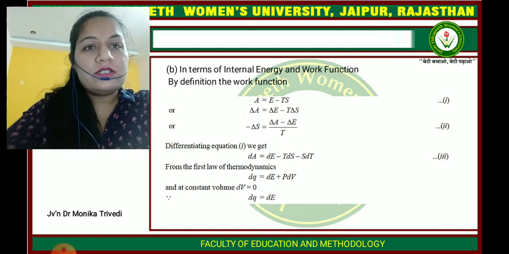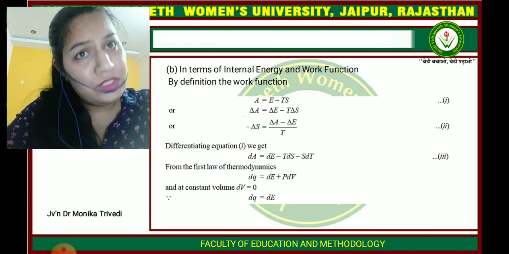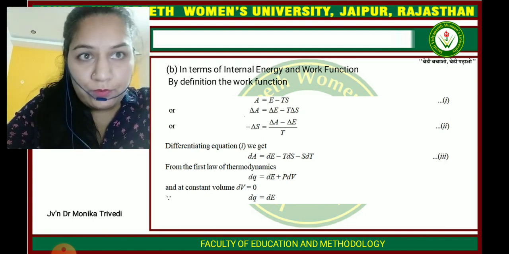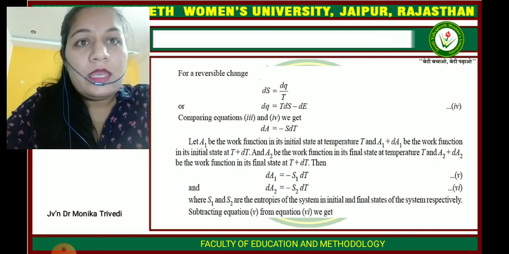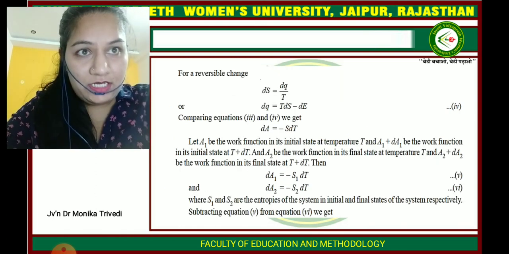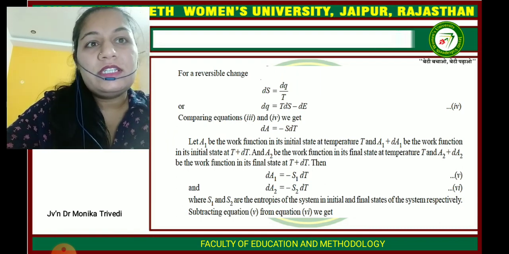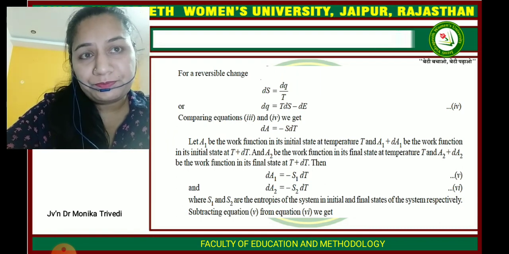So at constant volume, dV is equals to 0, so the equation changes to dq is equals to dE. For the reversible change, dS is equals to dq by T, so dq is equals to TdS minus dE.